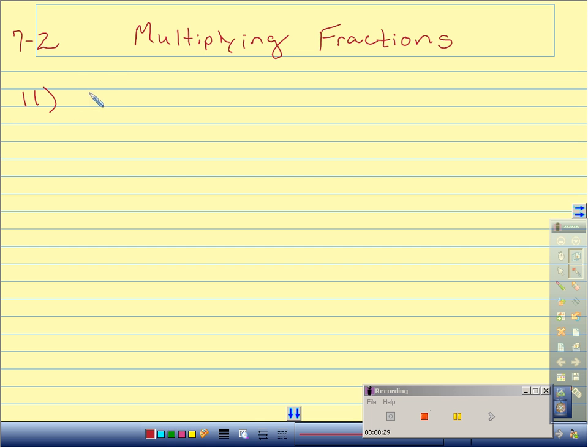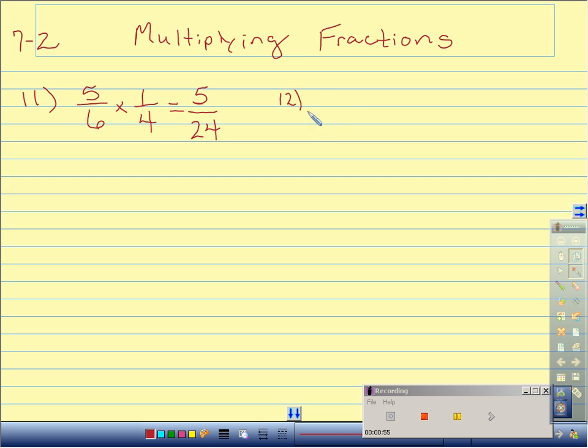Number 11 is 5/6 times 1/4. Look to see if I can cross reduce first. 5 and 4 I can't, 1 and 6 I can't. So I'll multiply straight across. 5 times 1 is 5, 6 times 4 is 24, and that's in simplest form.